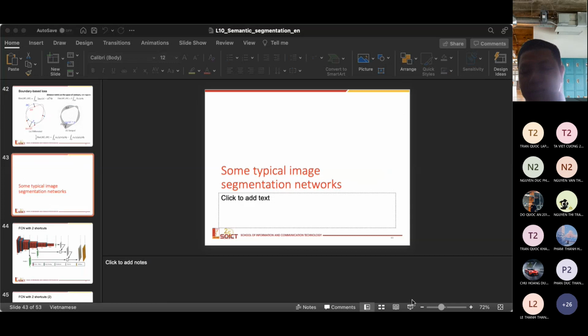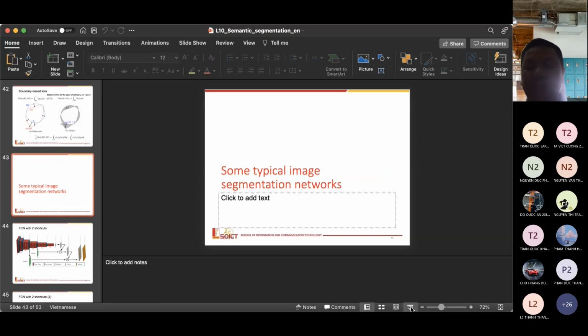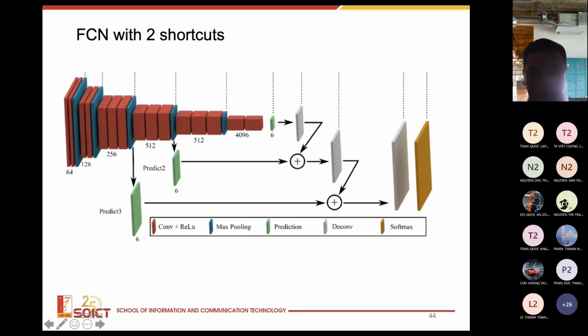So now we have discussed some typical image segmentation networks that you can use today. First we discussed the fully convolutional neural network with two shortcuts, right?